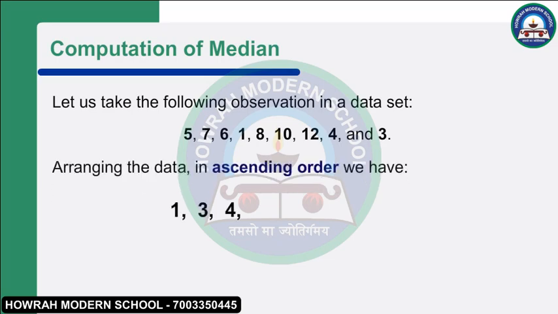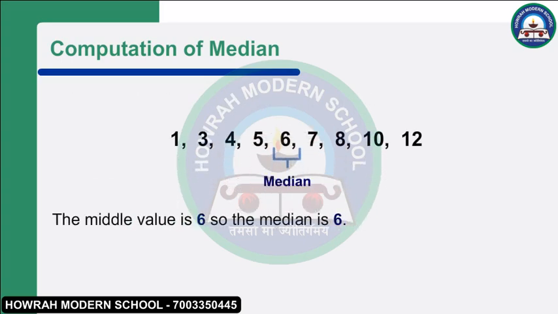Arranging the data in ascending order, we have 1, 3, 4, 5, 6, 7, 8, 10, 12. The middle value is 6, so the median is 6.